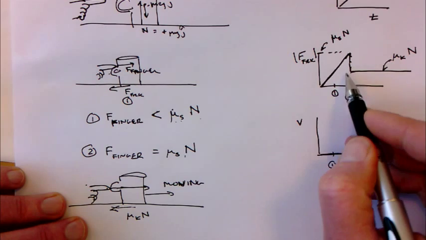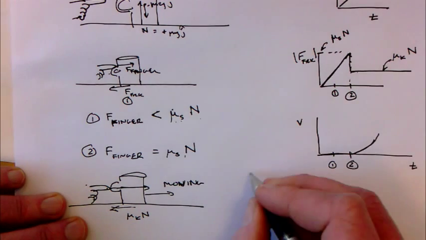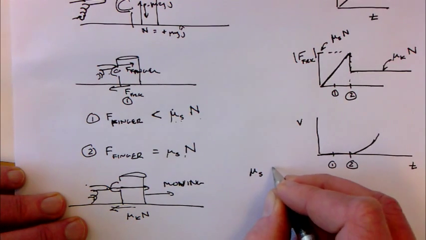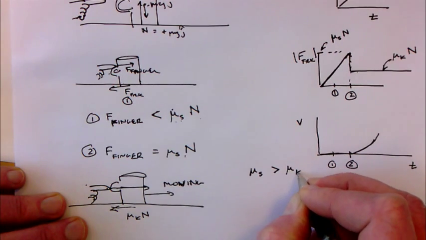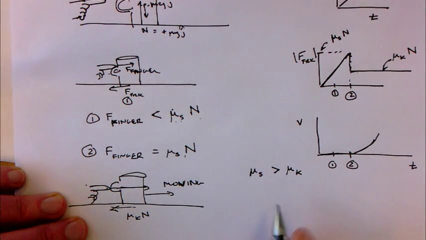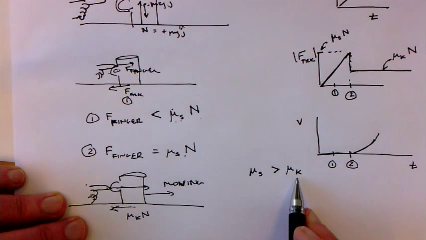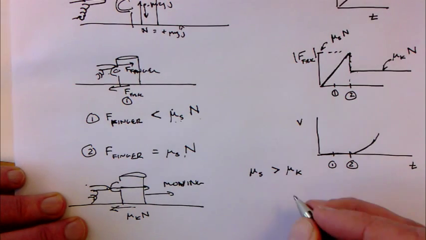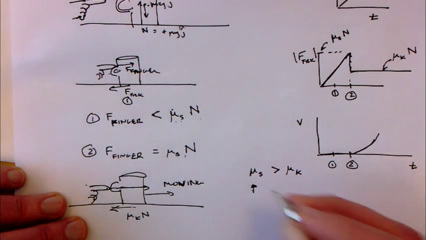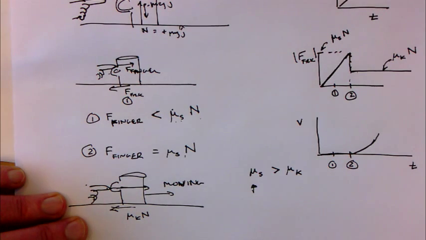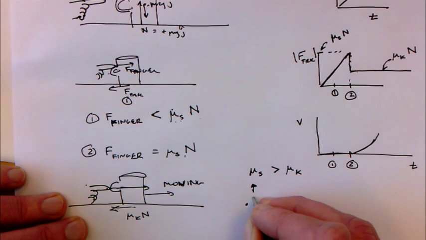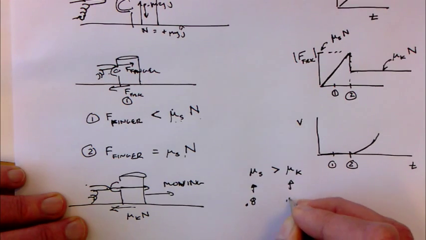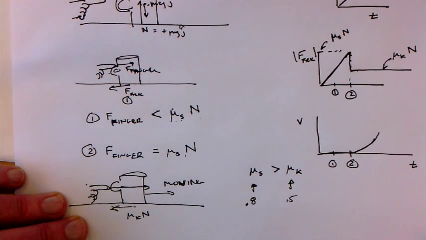Now I've drawn this as dropping at that point, and the reason is that typically mu sub s is greater than mu sub k. The static coefficient of friction is usually bigger than the kinetic coefficient of friction. Ballpark, it depends on what types of materials and interfaces you're talking about, but this might be, say, 0.8, and this might be 0.5, depending on the surfaces you're interested in.